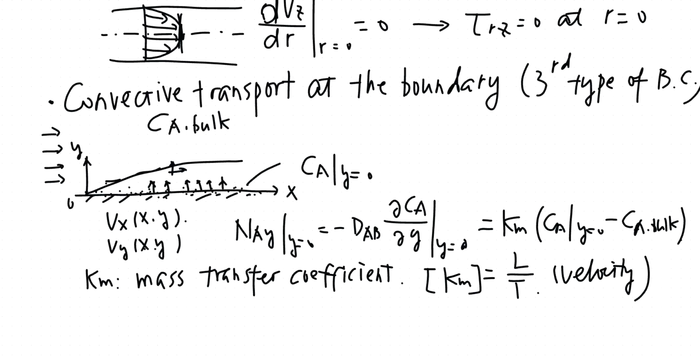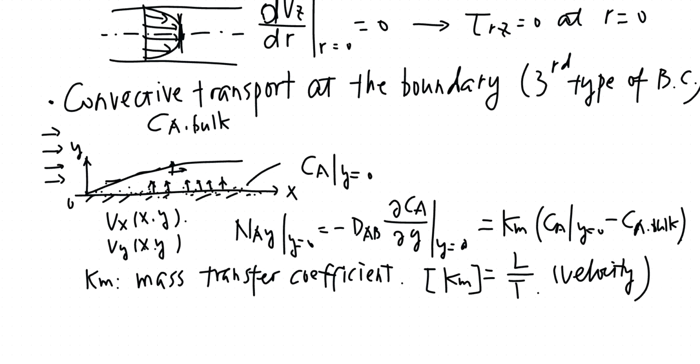So the right-hand side is Km, a mass transfer coefficient, multiplied by the concentration difference between the surface and the bulk. This convective term isn't exactly the same as the convection we discussed in the last lecture. This is more referring to how the fluid layer contributes to the flux, which is also the same as the diffusion flux, because in this equation the left-hand side equals the right-hand side.